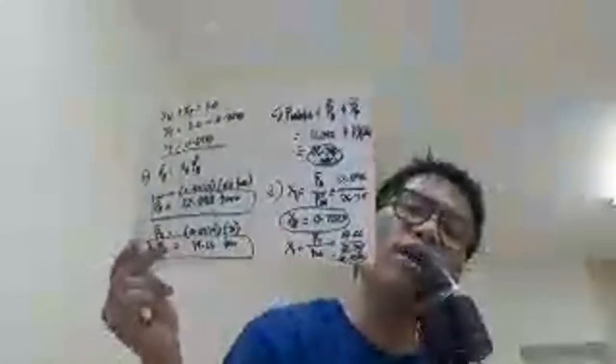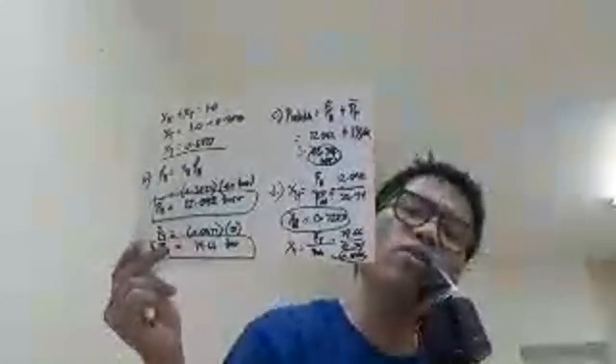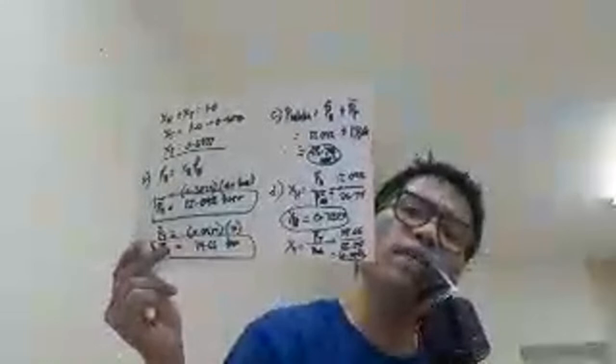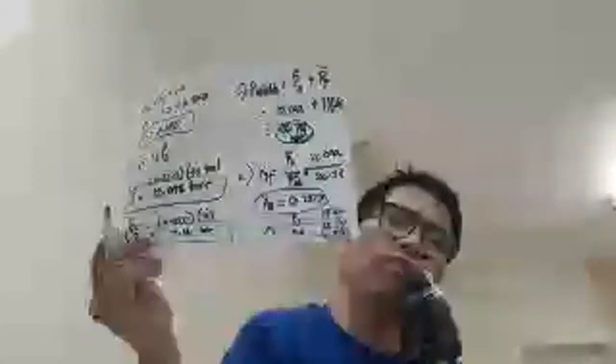And the mole fraction in the solution for toluene originally is 0.6979, and it will become 0.5482. Okay, finished.